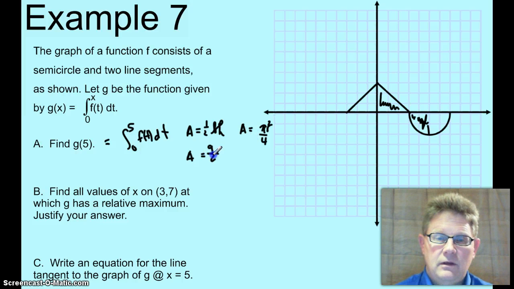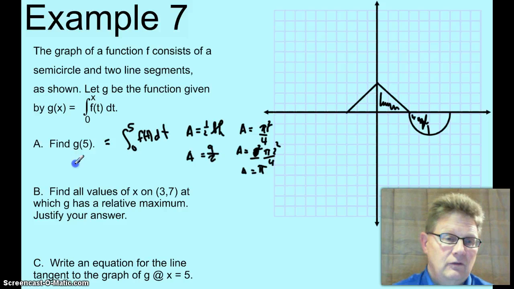And the quarter circle has a radius of 2, so area equals pi 2 squared over 4. Area of the circle is pi. So g of 5 is 9/2 minus pi.